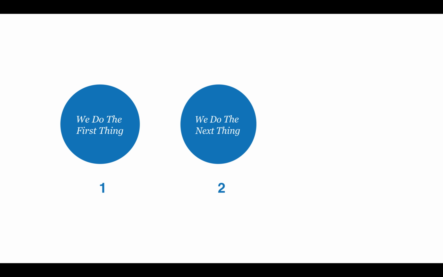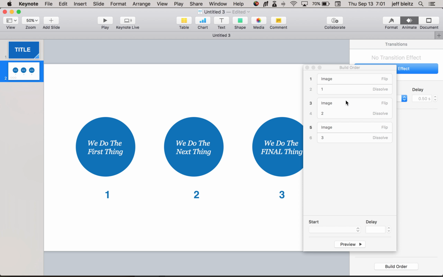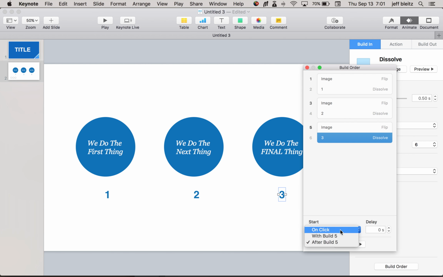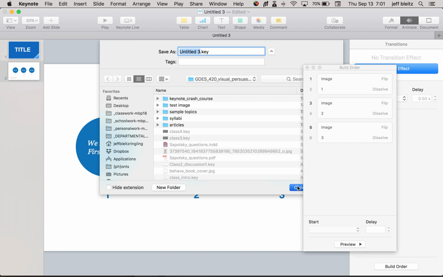Now if I play through here, 1 will come up automatically. That was just one click. 2, both of these will come in at the same time. 3 comes up right after the flip. I actually kind of like the width speed, so I'm going to change both of those, and I don't need to save it.